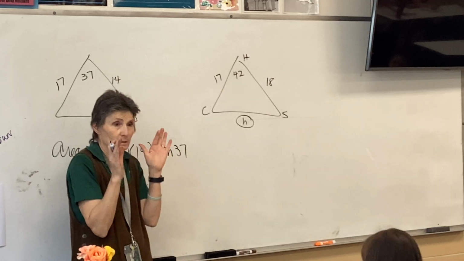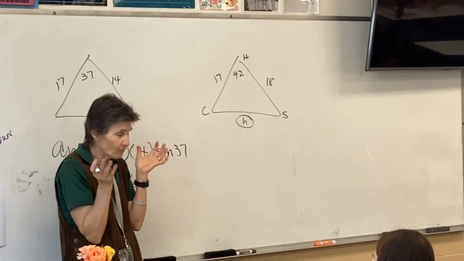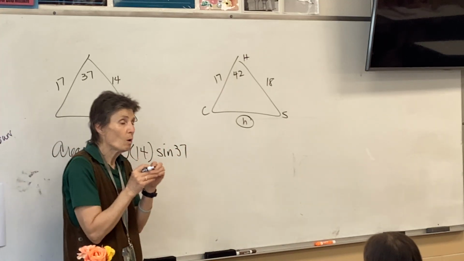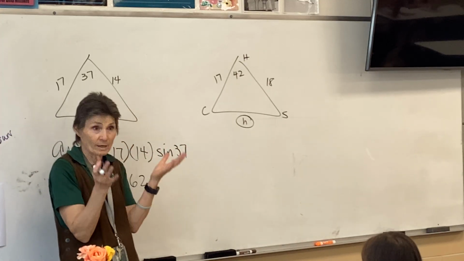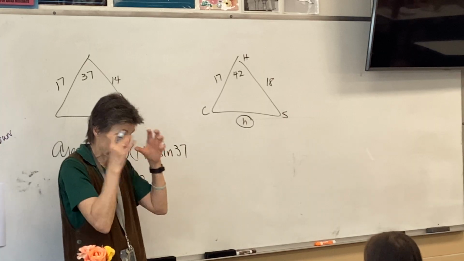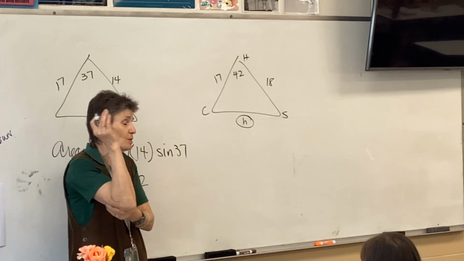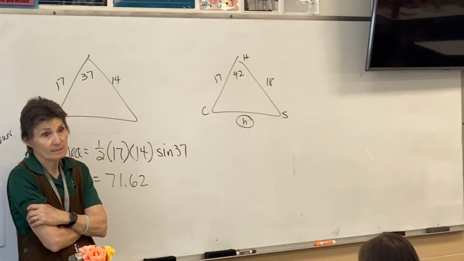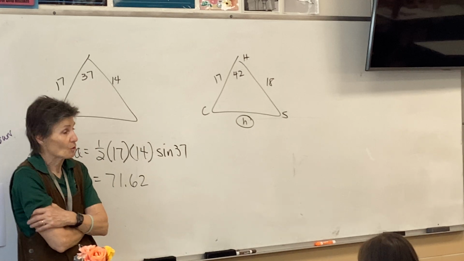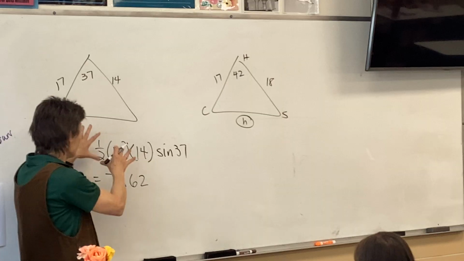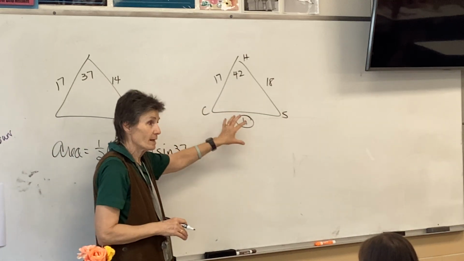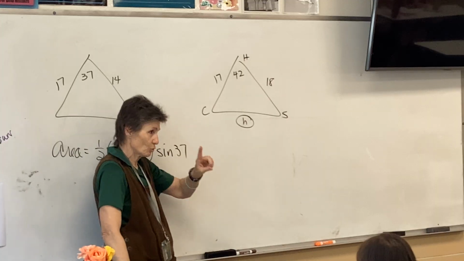So, make a note, if you've forgotten, this is for area. If you want a side, or an angle for that matter, you want a piece of the triangle, you have to use the law of sines or the law of cosines. Okay, that's it. Those are your options. So area is great. Area is done like this. But over here, I don't want area. I want a piece of the triangle.